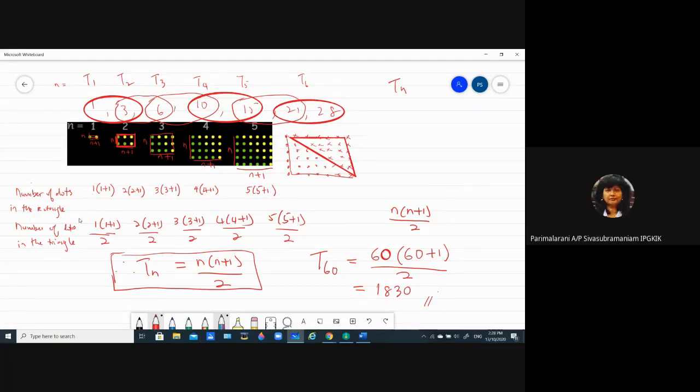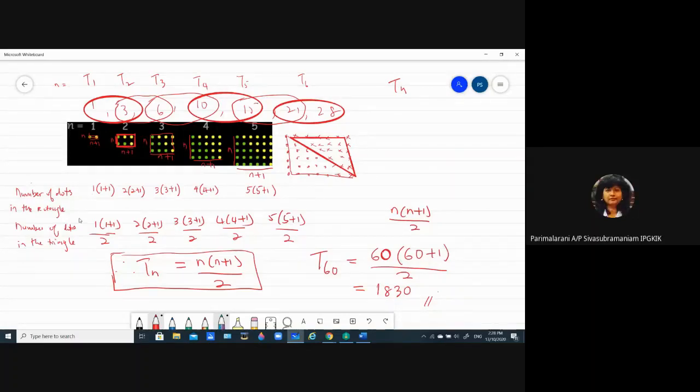So what can we say about this? What can you deduce from here? The sum of the number before is a square.